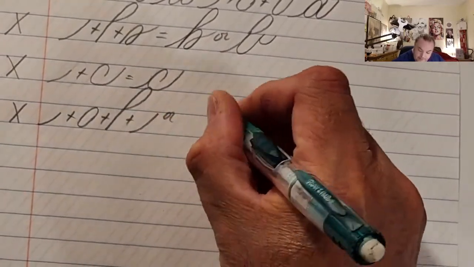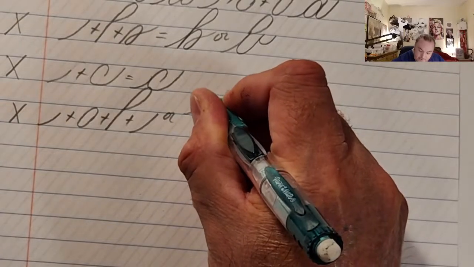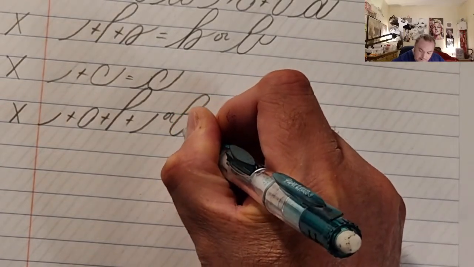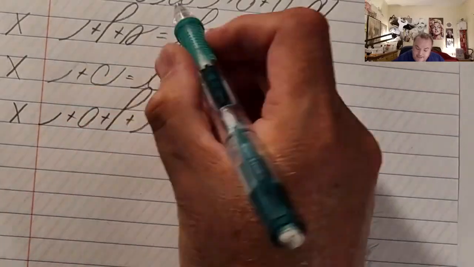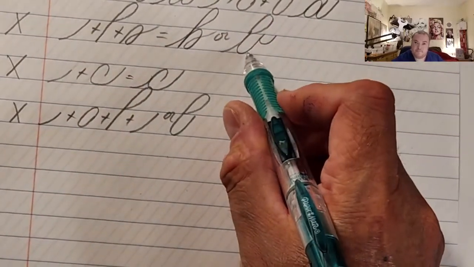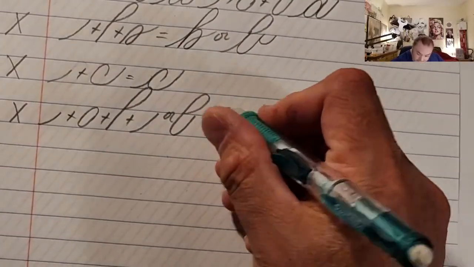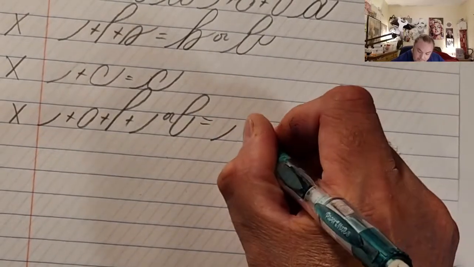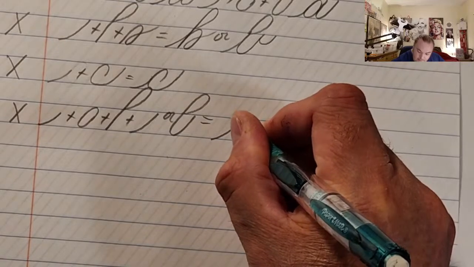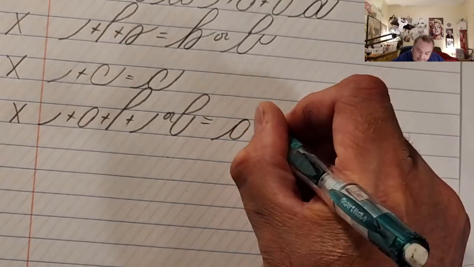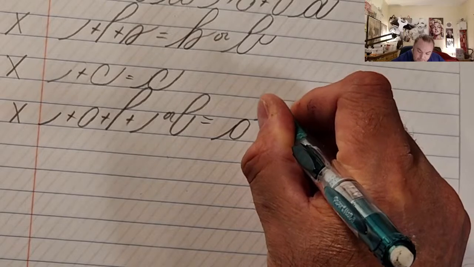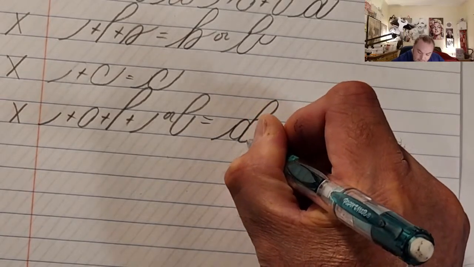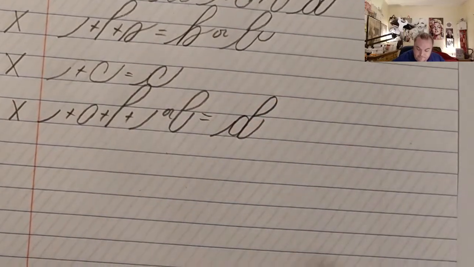Or it's going to be an ascending stem loop into an upstroke, kind of like the B. So we're going to go equals upstroke, oval, ascending stem loop, upstroke.